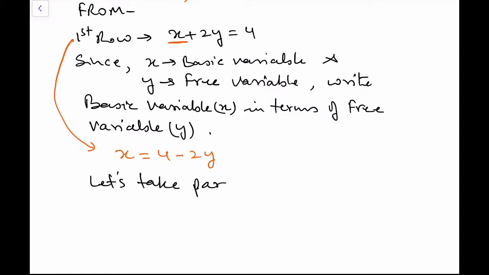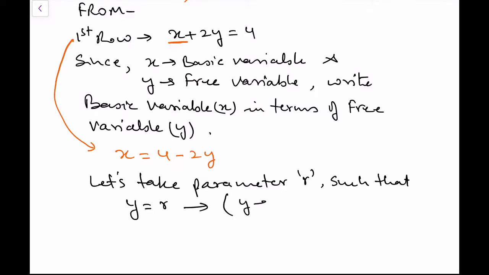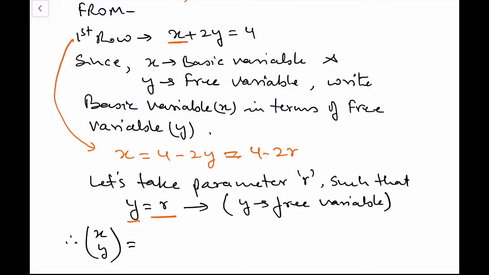Now let's take parameter r such that y is equal to r, since y is a free variable. So when y is equal to r, then x will be 4 minus 2r. Therefore, (x, y) is equal to (4 minus 2r, r).